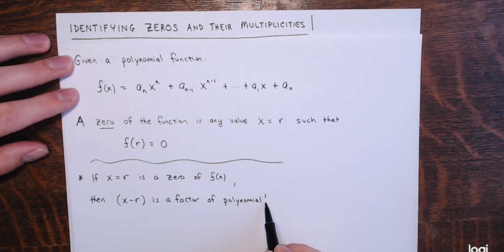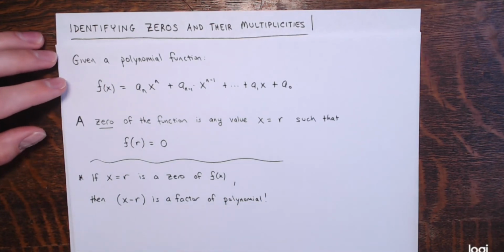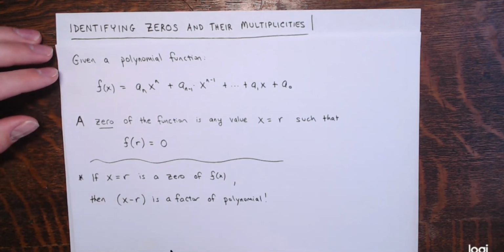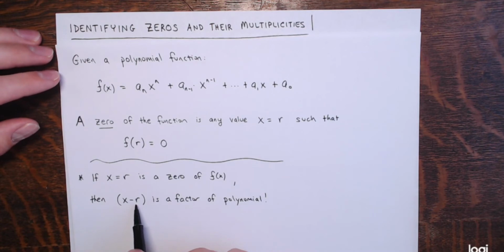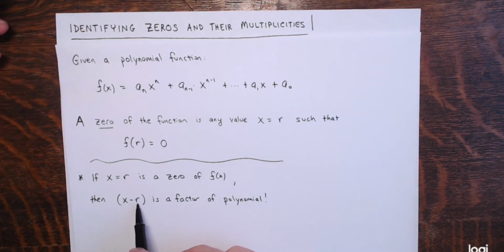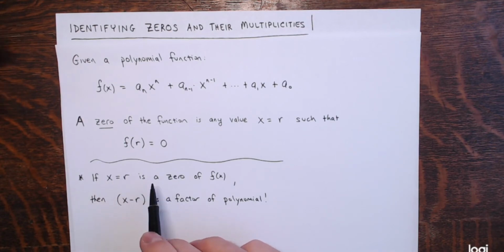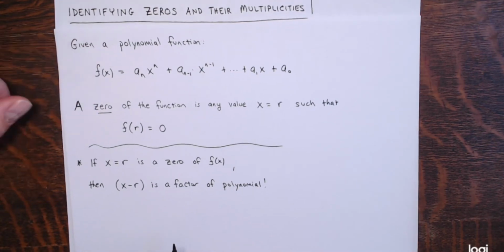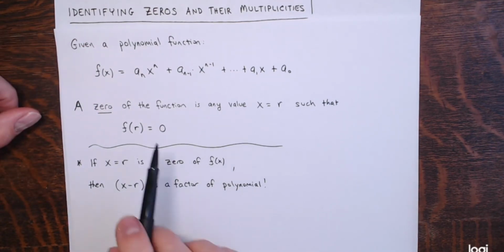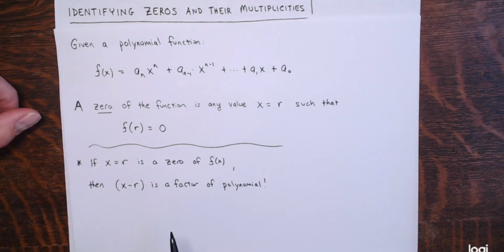And that's huge. And it also goes the other way around. We're going to see later that this works in both directions. If you know a factor, say x minus 2 was a factor of a polynomial, then x equals 2 would be a zero of that polynomial. So now I have a definition of what it means to be a zero, and when you know a zero, you know a factor.